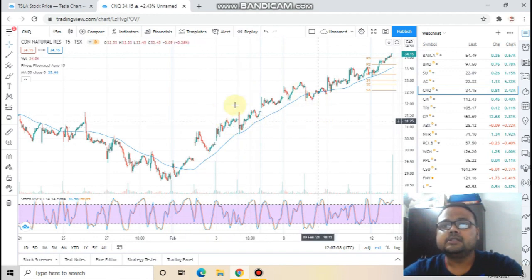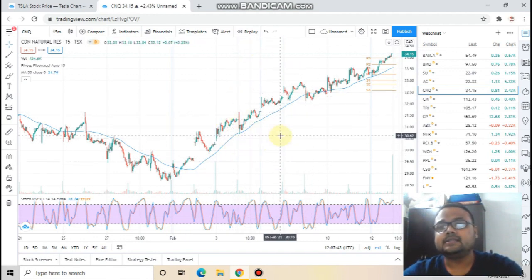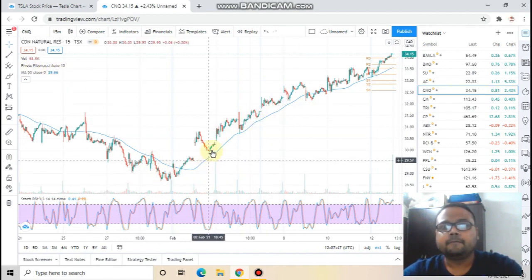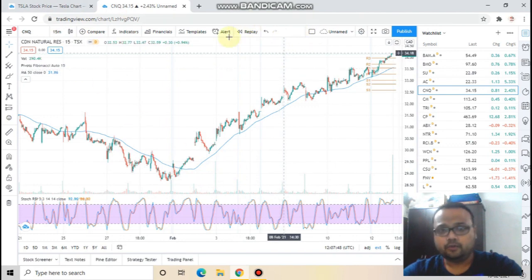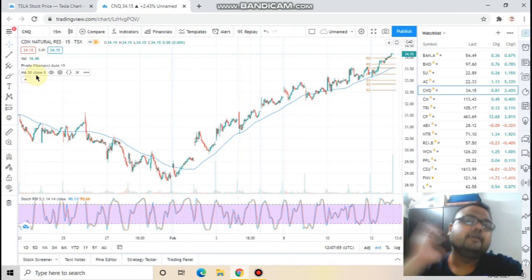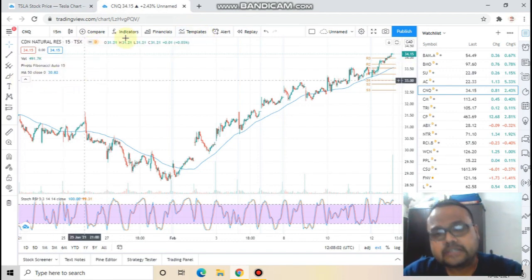You just need to stay invested as long as the price is above the 50-period moving average. You can open a free account in tradingview.com and just put a 50-period moving average. And if you already have a trading account with charts, you'll get the 50-period moving average there also.